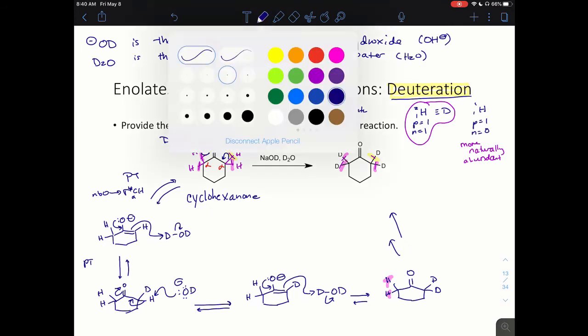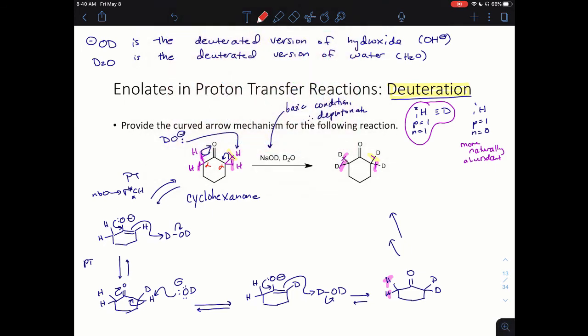So a couple of things that I'll point out here is that when you're under aqueous basic conditions, the base is going to be hydroxide, or in this case, the deuterium version of hydroxide. And the acid is water, or in this case, the deuterium version of water, which is D2O.